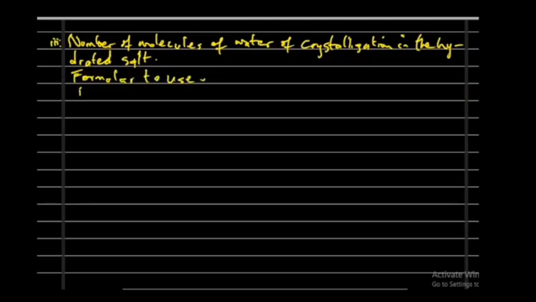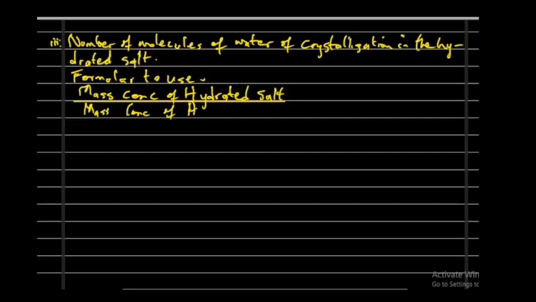We'll be using mass concentration of hydrated salt divided by the mass concentration of anhydrous salt equals, we have the molar mass of hydrated divided by the molar mass of anhydrous.